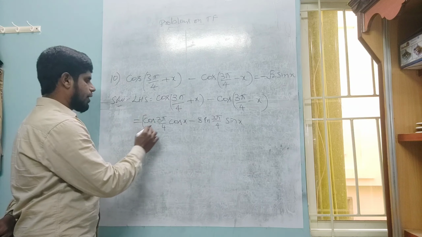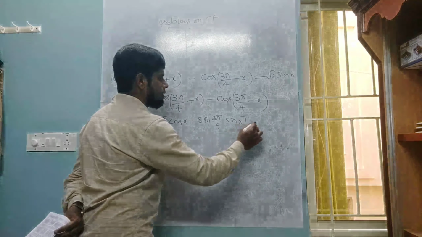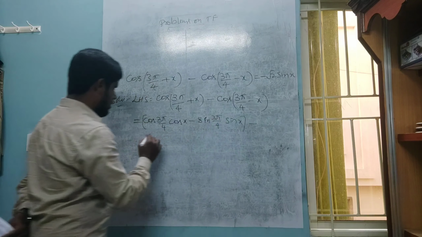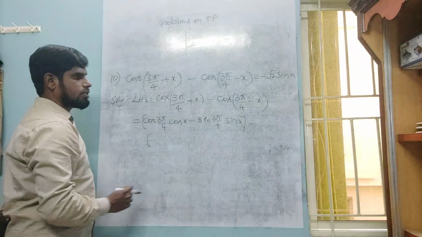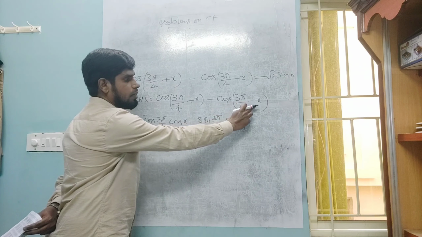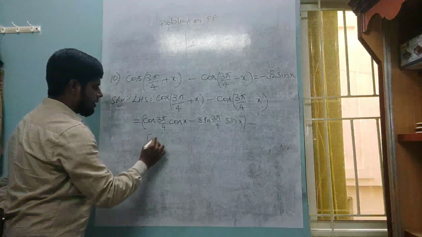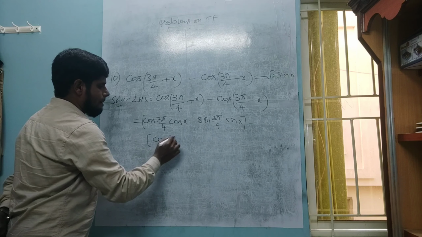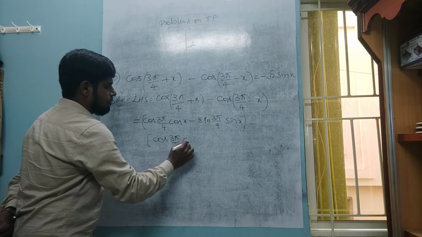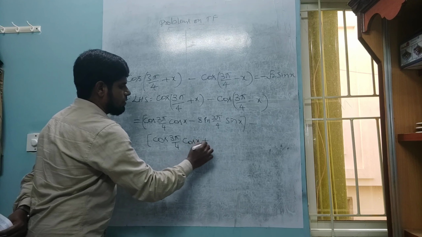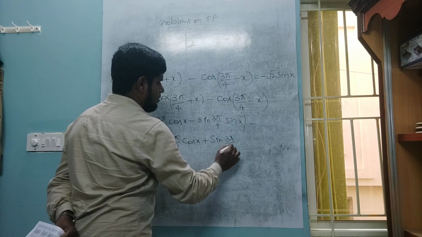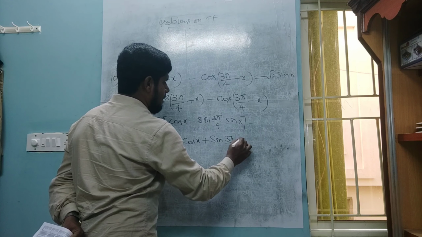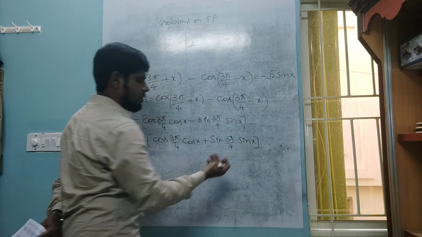I'll put it in one bracket. There is a negative sign here, so minus another bracket. Cos(x − y) can be written as cos x cos y plus sin x sin y.